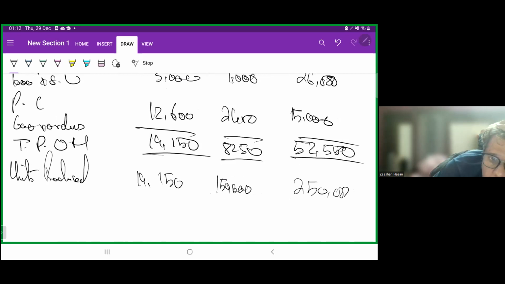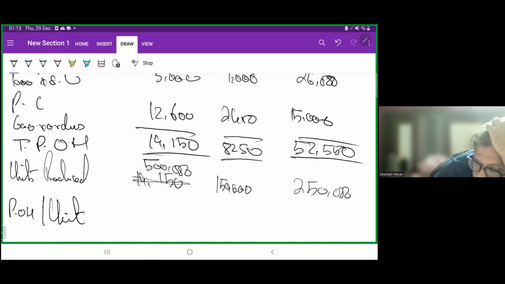So production overhead per unit: 19,150 divided by 500,000, we will get 0.04. 8250 divided by 150,000, we will get 0.06. And 52,550 divided by 250,000, we'll get 0.21. That's it for this example.